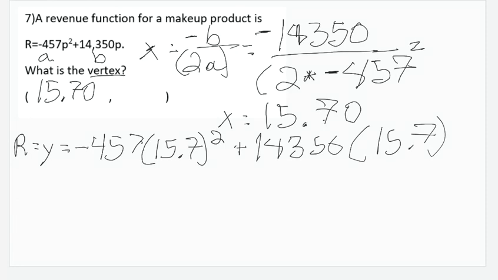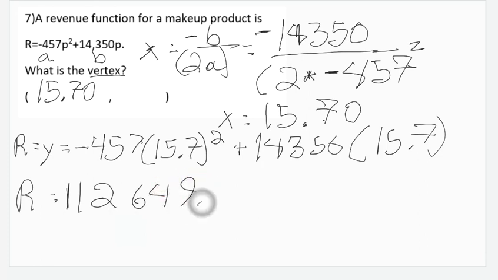So for the revenue, I got $112,659.07. And so that would be my y value that I would put right here.